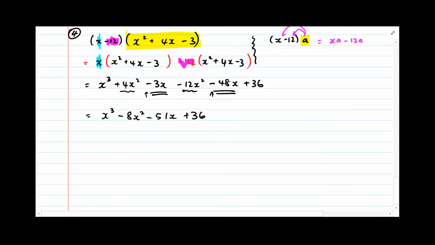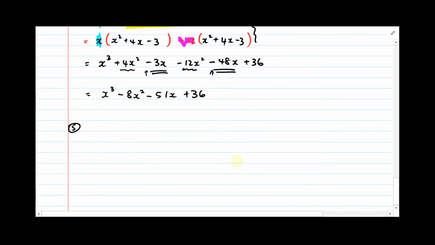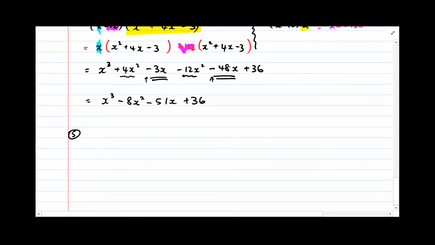It doesn't matter if it is a binomial times a trinomial or two trinomials that we are multiplying, the same principle applies. It'll be a bit long, but if we should take, say, 4x squared minus 5x plus 8 and 2x squared minus 7x plus 4.